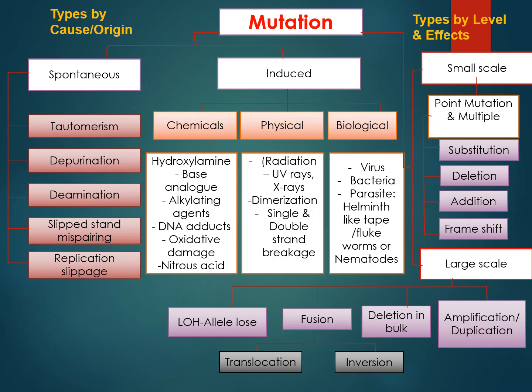Large scale mutation normally occurs due to loss of heterozygosity, where allele loss happens, and fusion is also one reason, where we have translocation and inversion fusion. Deletion in bulk happens, or amplification or duplication of a gene also happens.